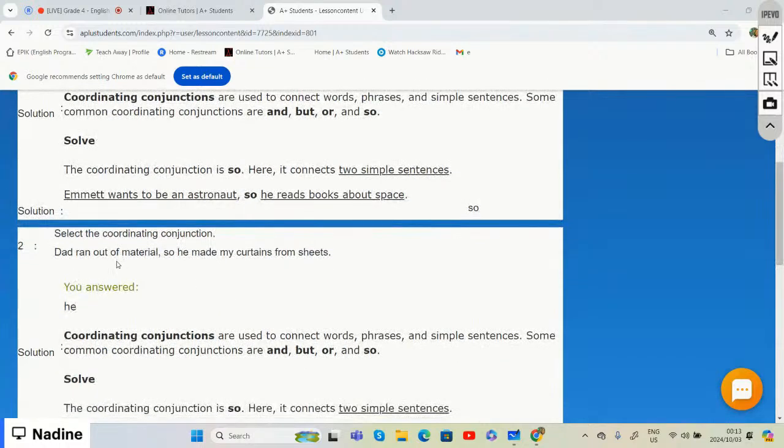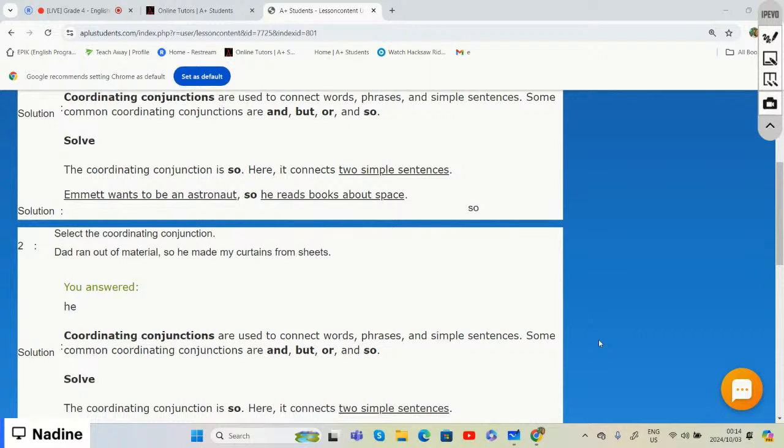It says, Dad ran out of material. So, he made my curtains from sheets. All right, we need to select the coordinating conjunction within that sentence.